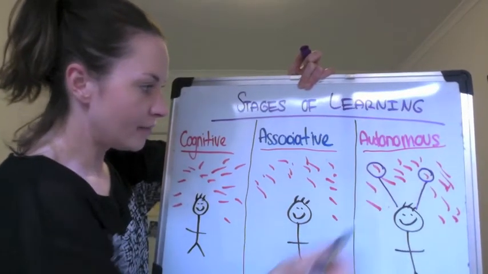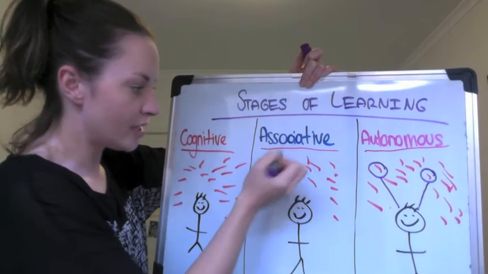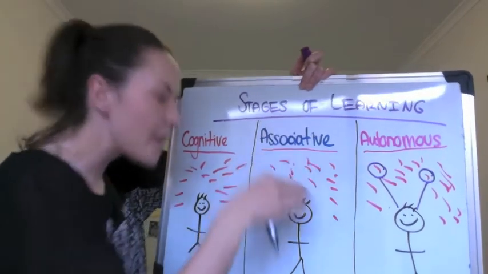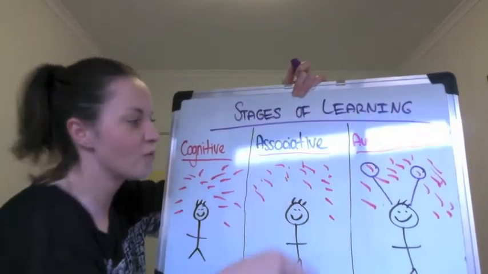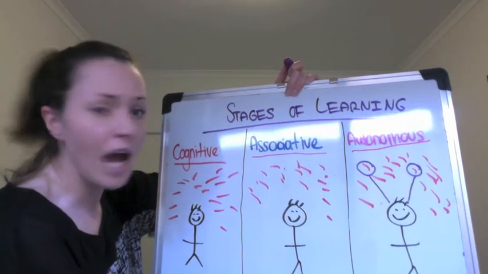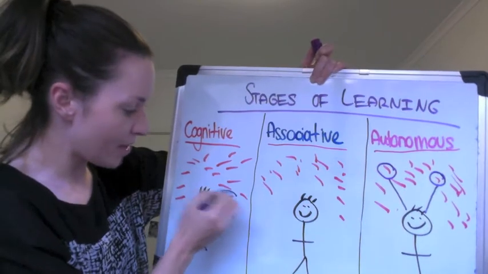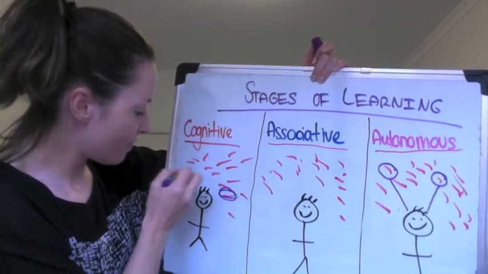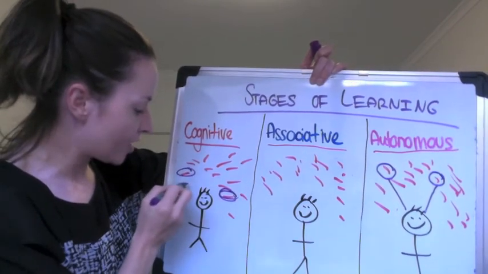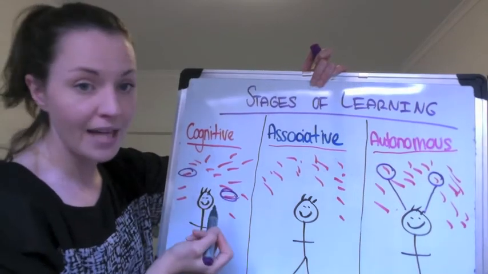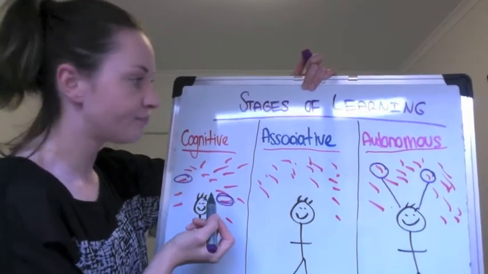Over here, at the associative stage, they're still trying to pick up on those cues and which cues are relevant. And then we have Mr. Cognitive A, who might be picking up on the wrong information sources and consequently using the wrong movement pattern within the context of a game.